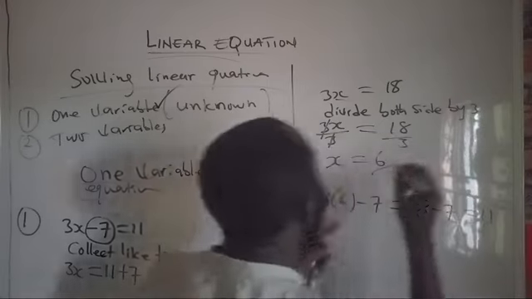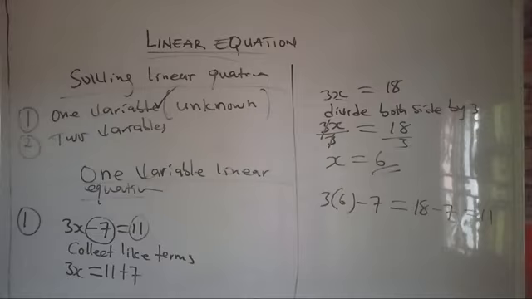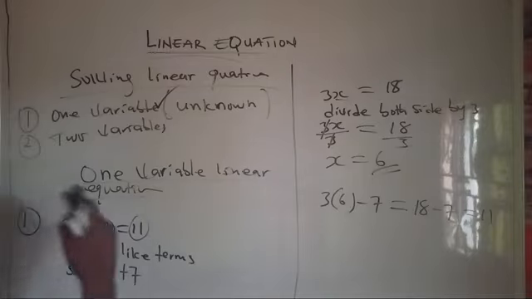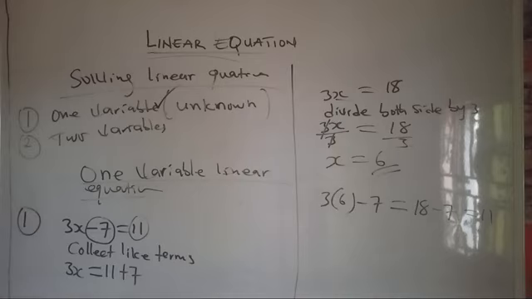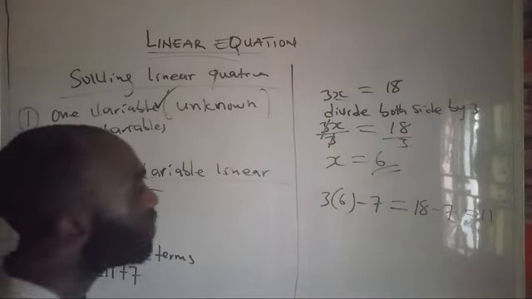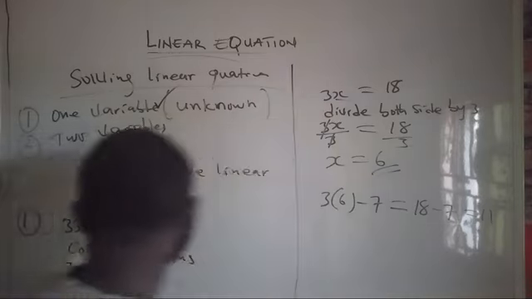So it's correct. When you know the value of x, it is going to balance the equation. That is, what is at the left hand side must be the same as what is at the right hand side.